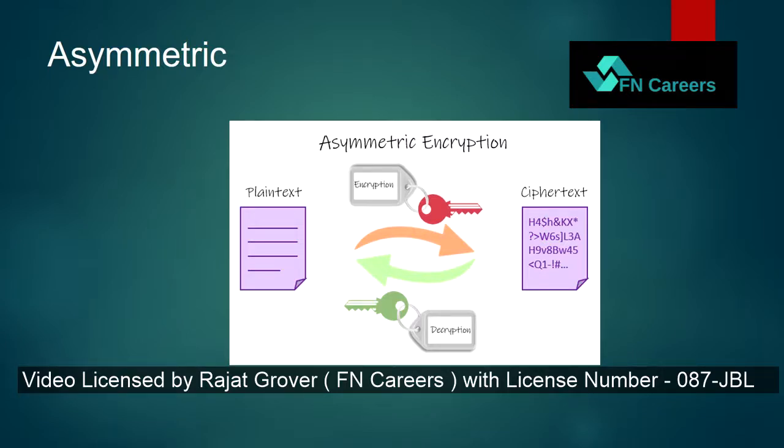ECC generates keys through the properties of the elliptic curve equation. In order to break ECC, one must compute an elliptic curve discrete logarithm, and it turned out that this is a significantly more difficult problem than factoring.